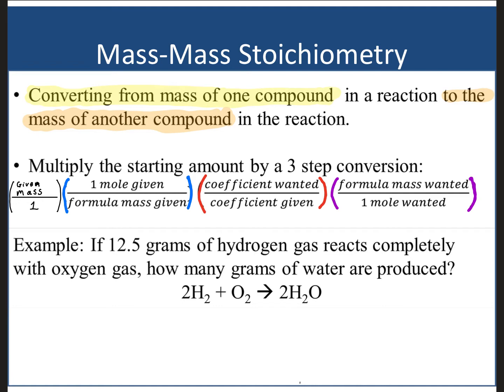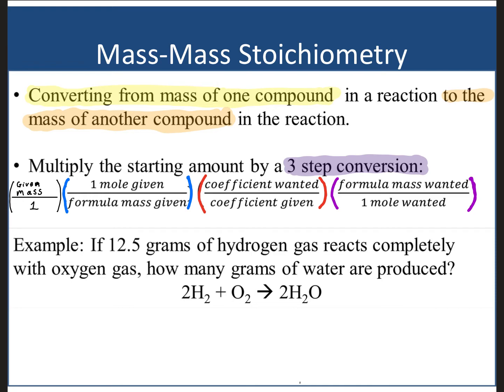This is what is known as a 3-step conversion. Every single mass-to-mass stoichiometry question is the exact same. You're just dealing with different substances and so different numbers. But the steps are the exact same, no matter what you're doing.